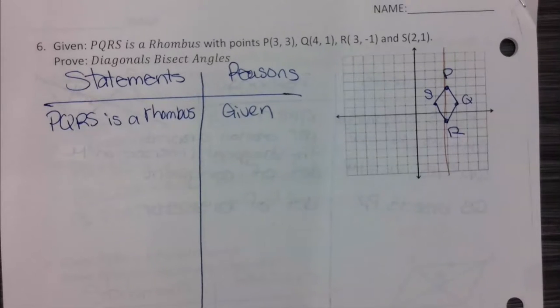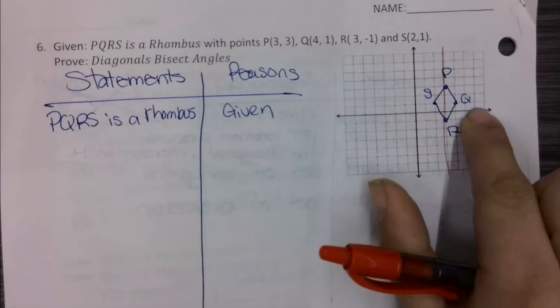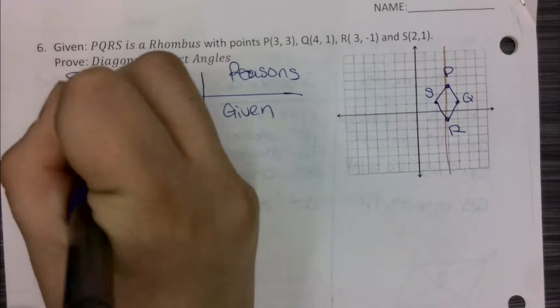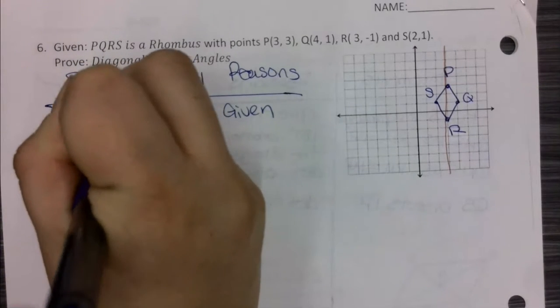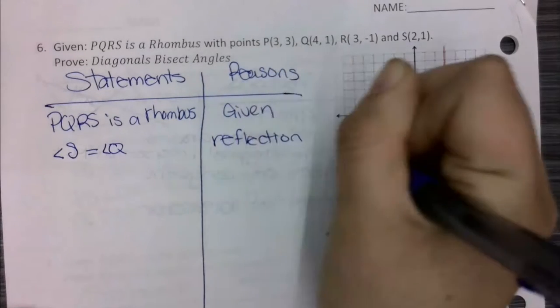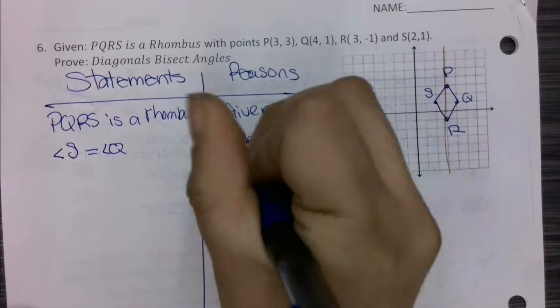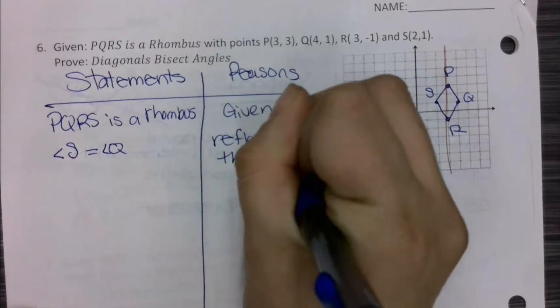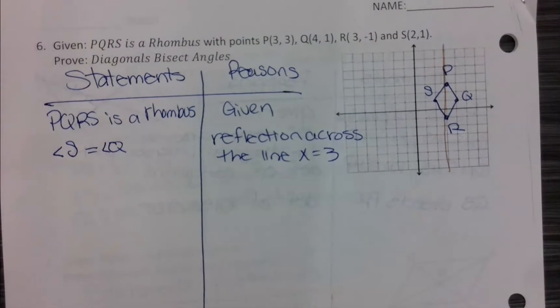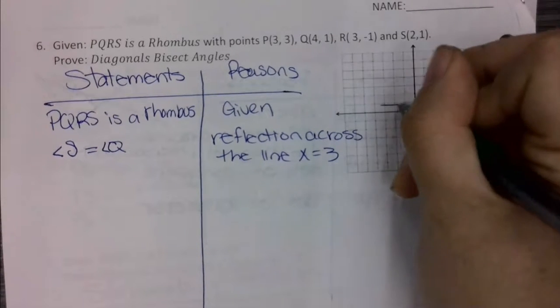I extended my diagonal on this one to be a line. Notice, if I reflect across these lines, S and Q would be the same angle. And that line is x equals 3. Then I can do the same thing for over here.